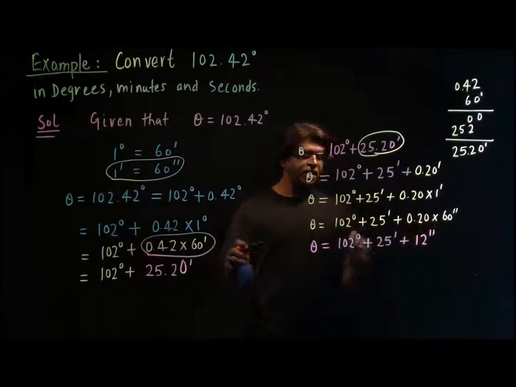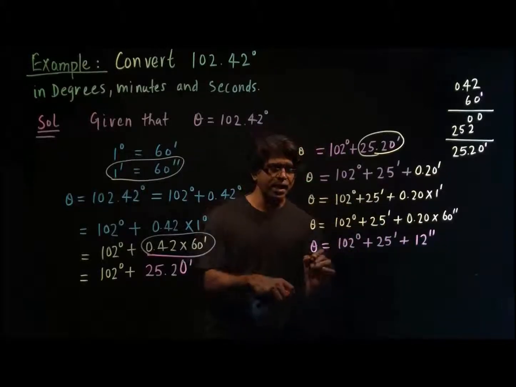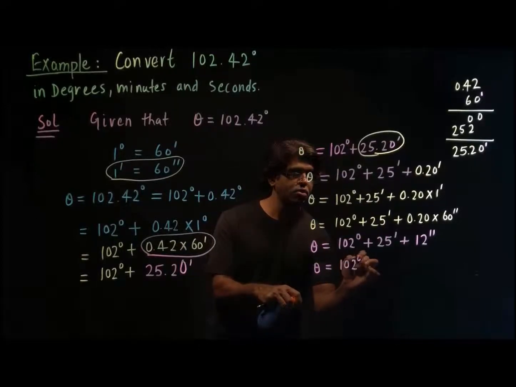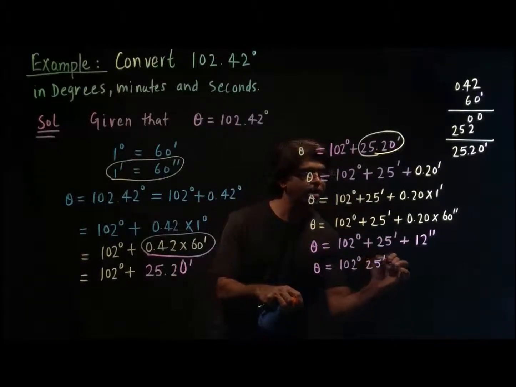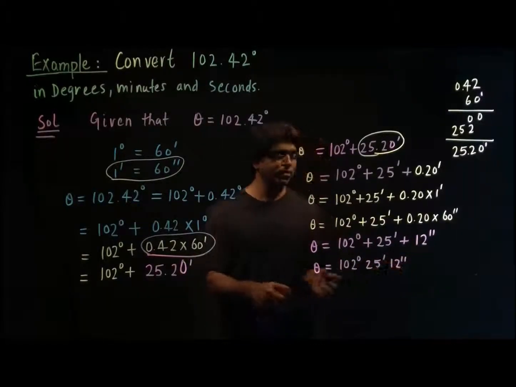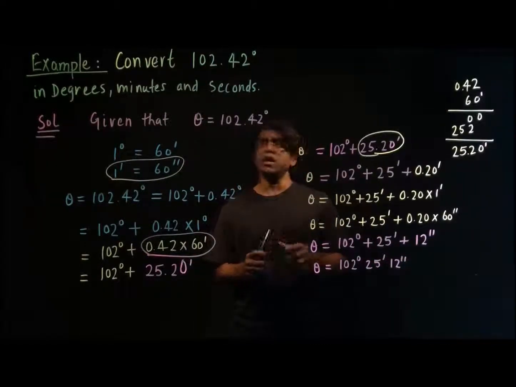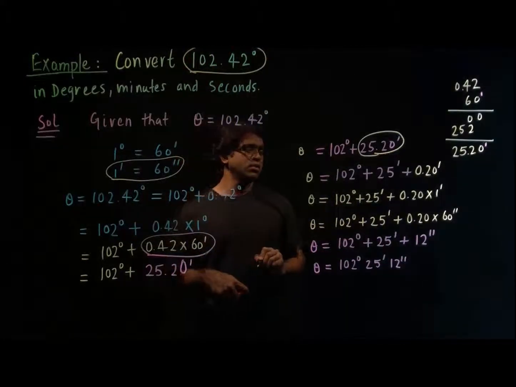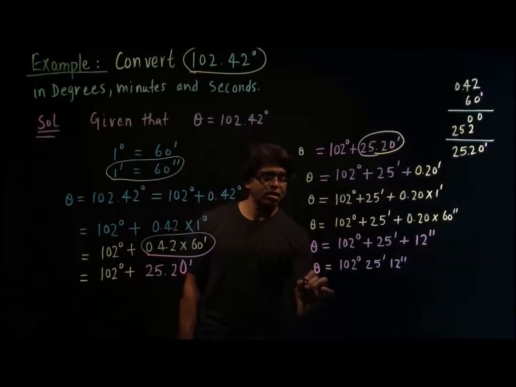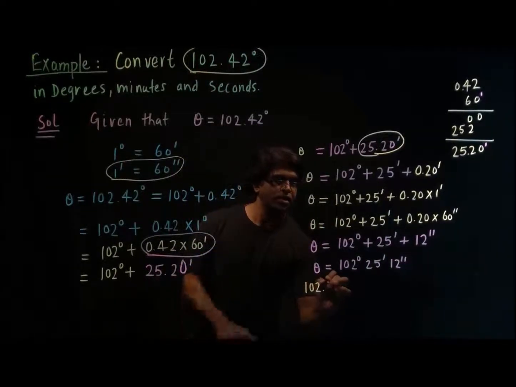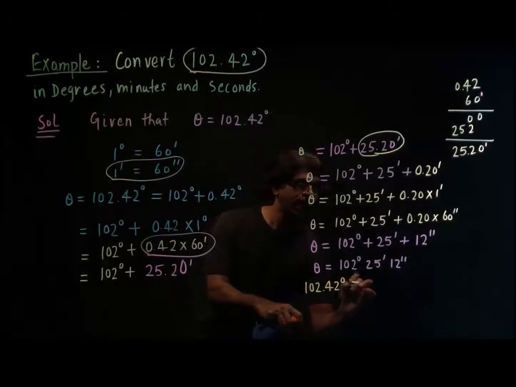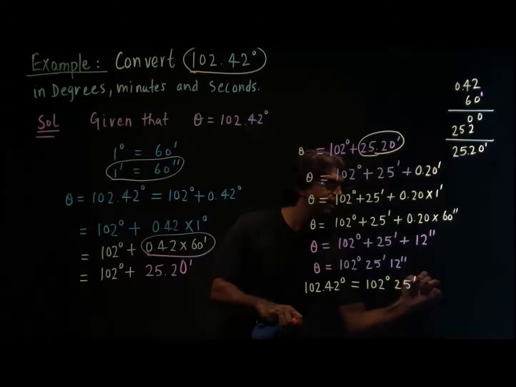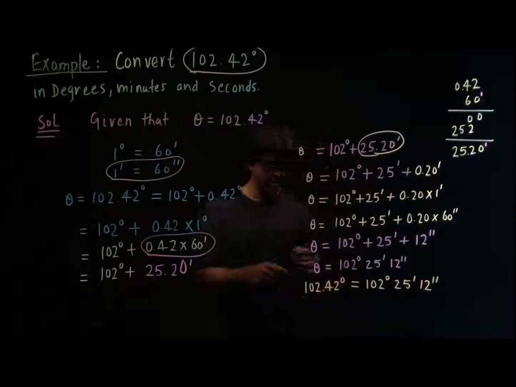If I combine degrees, minutes and seconds, I can write theta is equal to 102 degrees, 25 minutes and 12 seconds. If you look closely, this is my angle. So basically that angle 102.42 degrees can be written as 102 degrees, 25 minutes and 12 seconds.